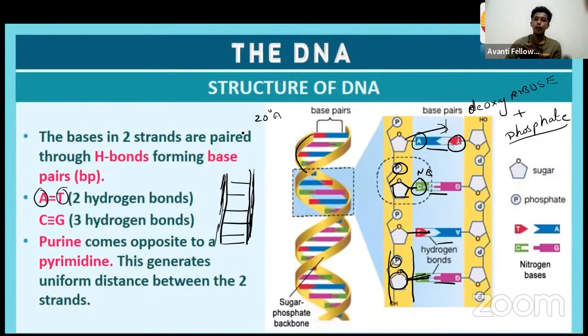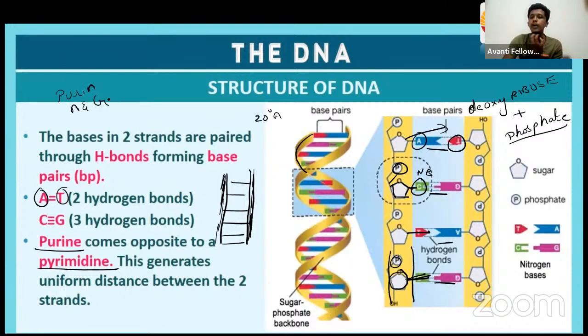Here, when we talk about nitrogenous bases or nucleotides, they can be of two types. One we call purines, the other we call pyrimidines. So what do we call purines? The examples of purines are A and G, adenine and guanine.